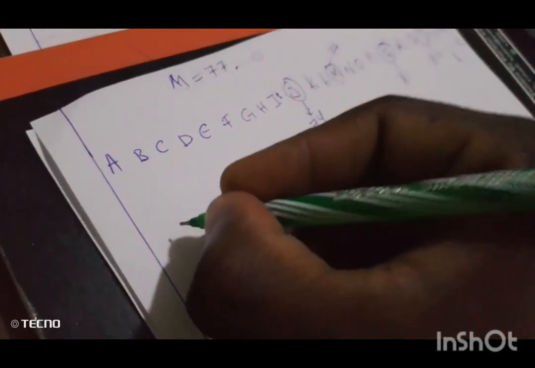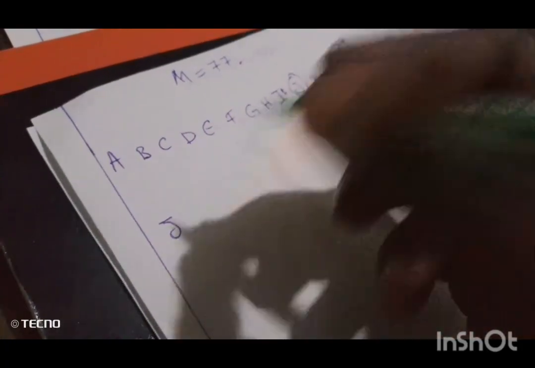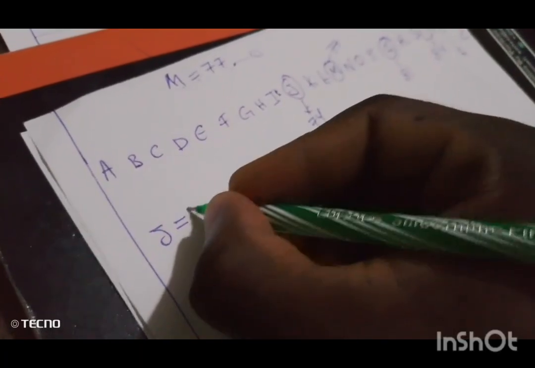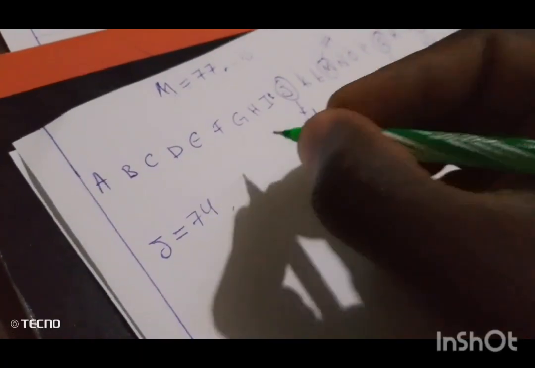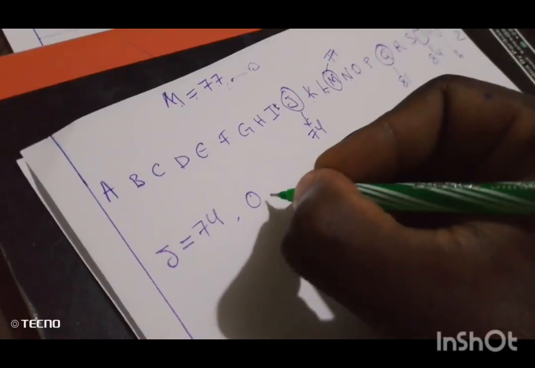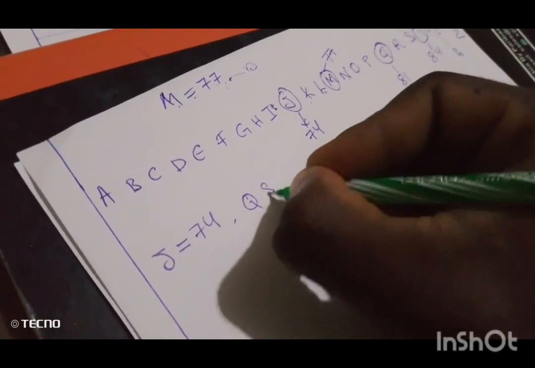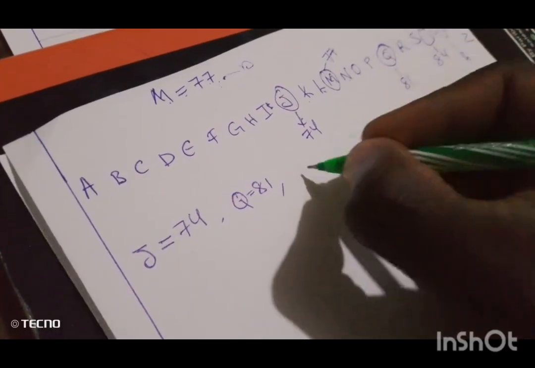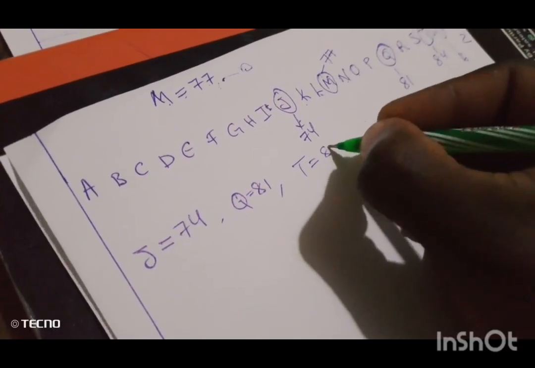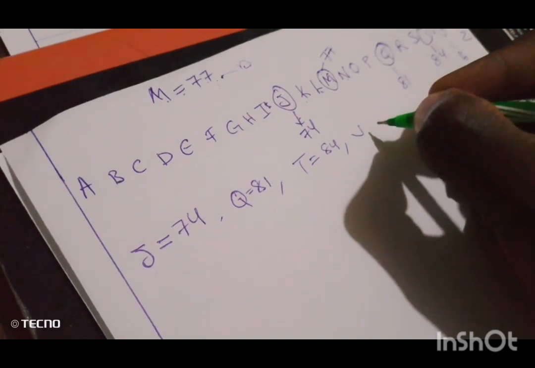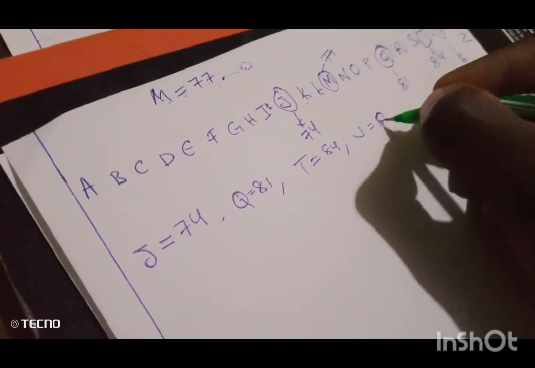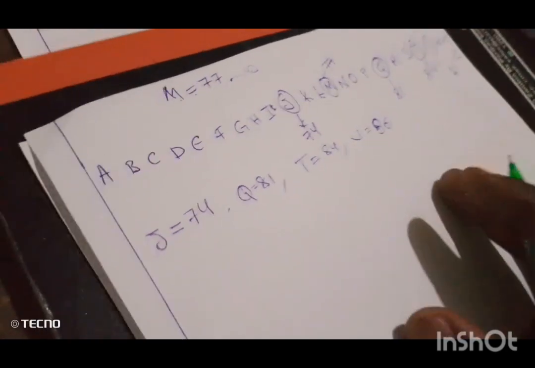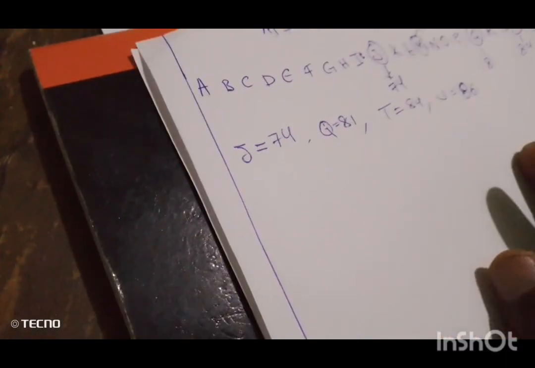So we have j, which we are converting. J is 74. We have q, which is 81. We have t, which is 84, and v, which is 86. What's our last goal here?